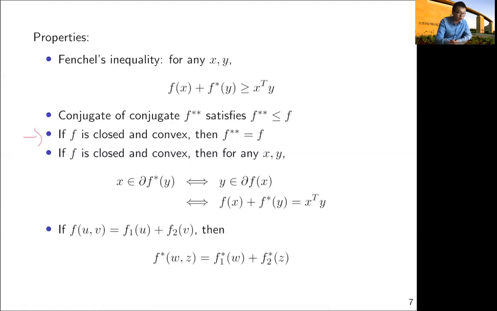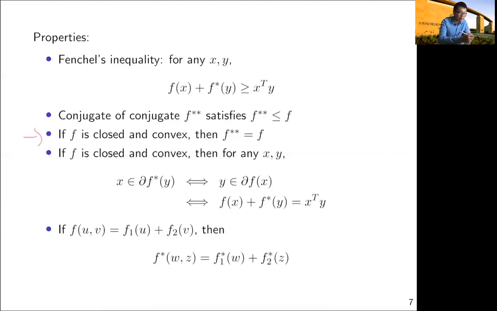So first of all, there's this Fenchel's inequality that's hugely useful. That says that you can upper bound the inner product of any 2 points x and y using the sum of f of x and f conjugate of y.